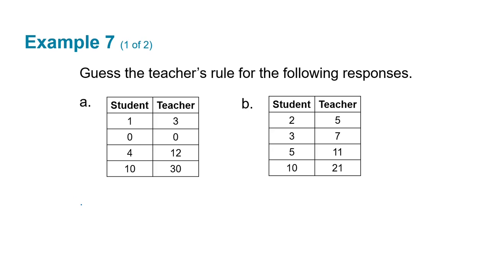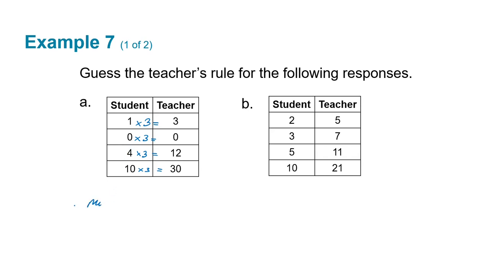Let's work on it together now. In part A, notice if we take the number 1 and multiply it by 3, we do get 3. If I multiply 0 times 3, I get a 0. 4 times 3 gives me 12. And 10 times 3 gives me 30. So that's our rule. Our rule is we're going to multiply our number by 3.